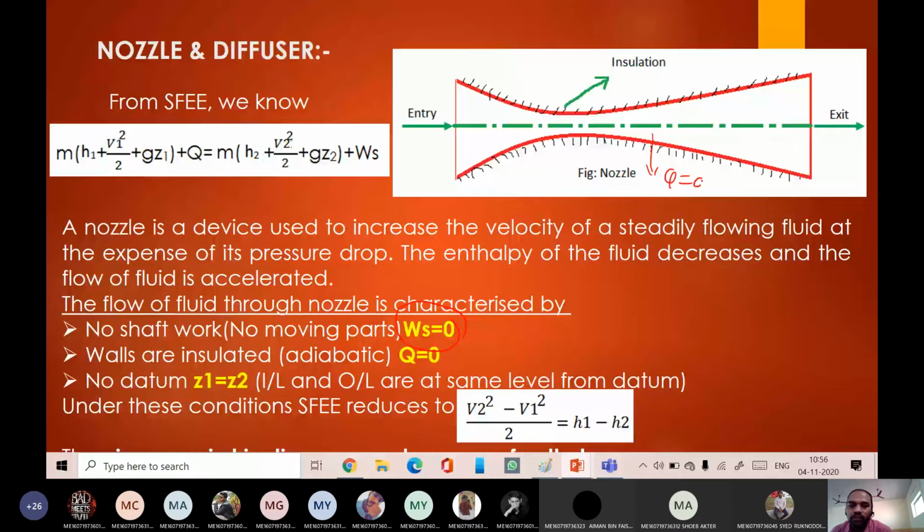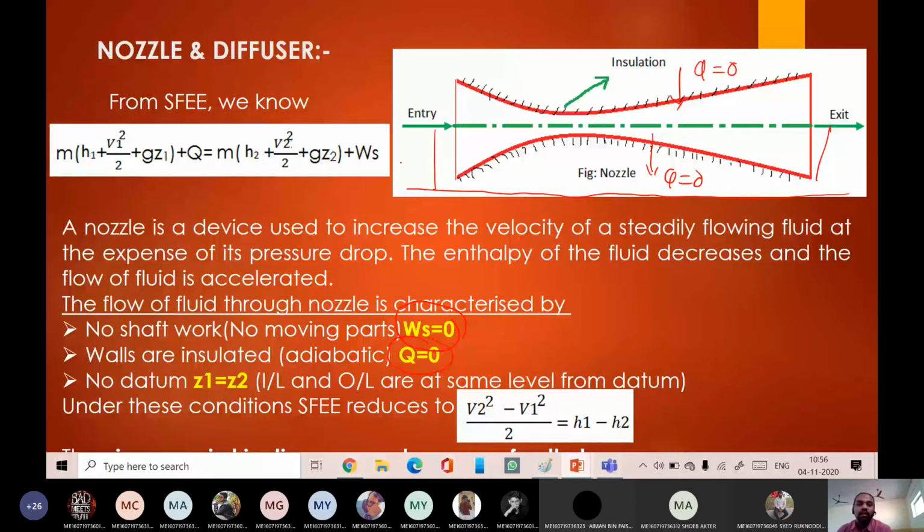And let us assume the nozzle is placed horizontally. Let us say this is my reference. From the reference, both the outlet and inlet are at the same level. Z1 and Z2 are at the same condition. Z1 equal to Z2, provided the nozzle is in the horizontal direction.